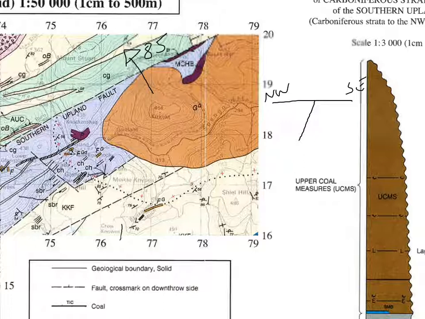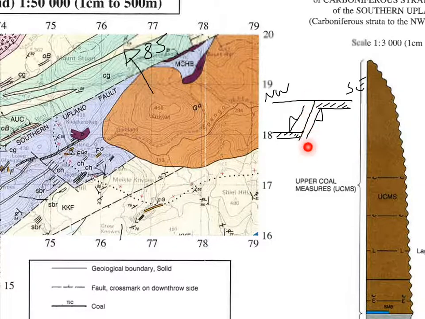Now we need to know which the down throw side is, and if you look very carefully over here there's a little cross mark. The cross mark is on the northwest side, so we now know this side has gone down and that side must have gone up. Now straight away most of you would realise that if the fault dips towards the down throw it must be a normal fault, and if you don't believe me, if you draw a bed of rock in here on the down throw side, it must have gone up on the up throw side, and you should see that the whole thing has been lengthened.